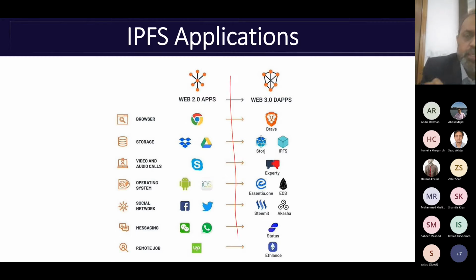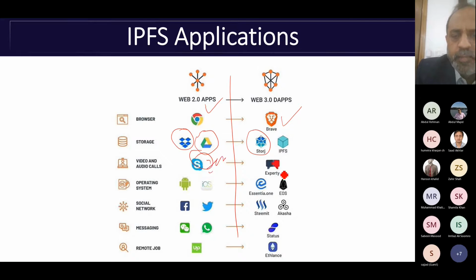Now you can go on the internet and find out कि भाई ये तो Chrome है आपका. So there is a browser that supports it, its name is Brave. So you have this Google Drive and other storages. There is a storage on IPFS which is called storage. ठीक है, Sky, which you use for video conferencing or even Zoom and other, and there is an application which is called Expertise.